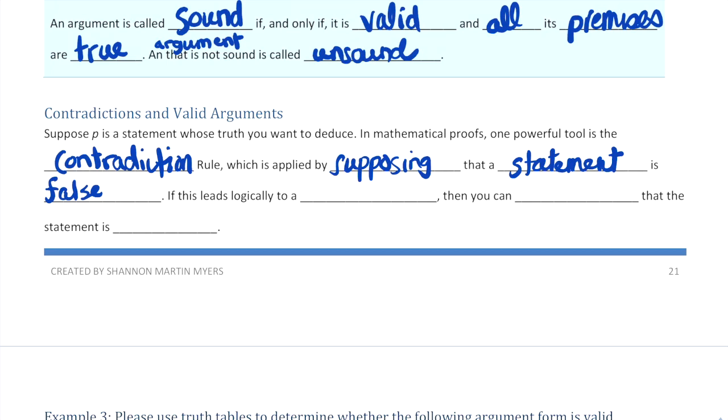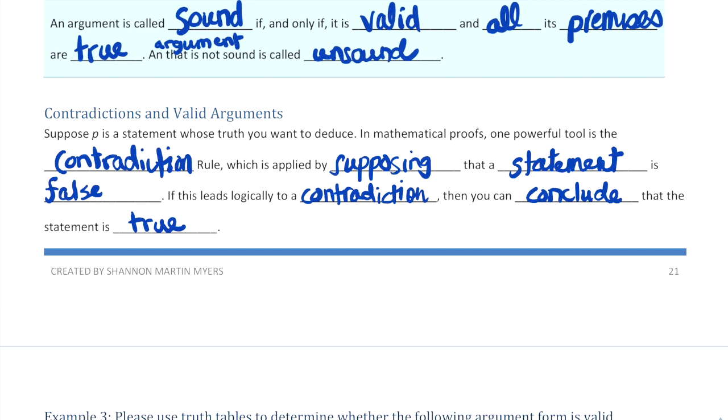If this leads logically to a contradiction, then you can conclude that the statement is true. Right?